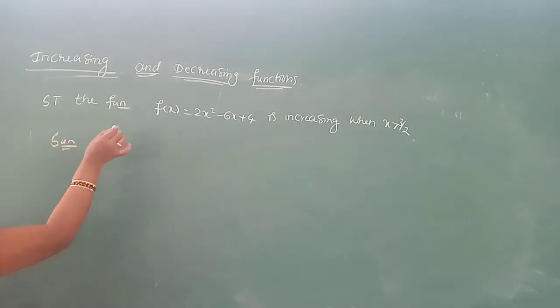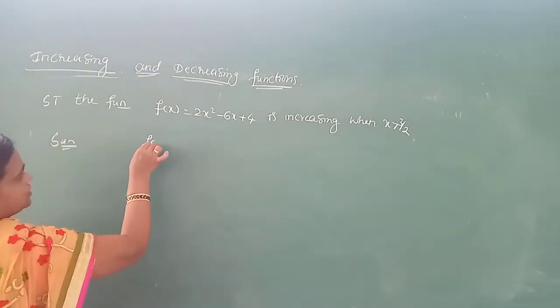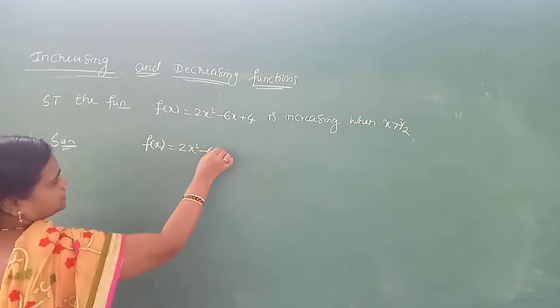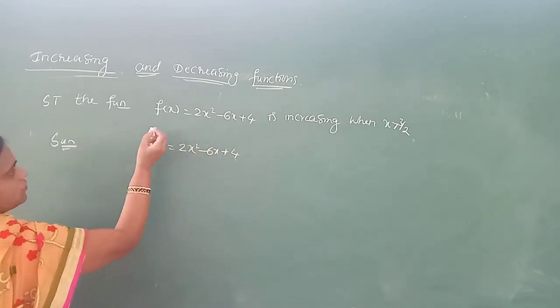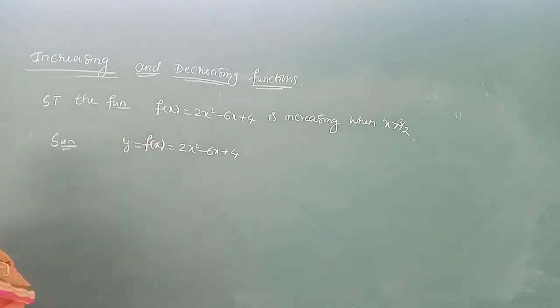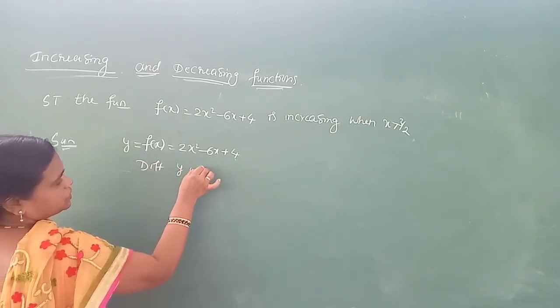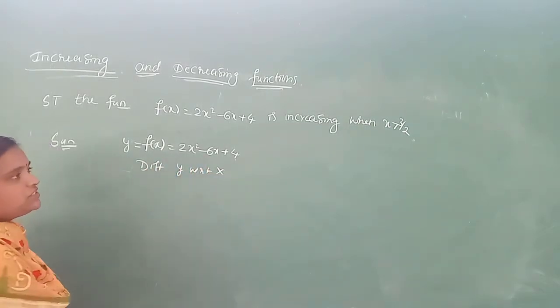See, f of x is 2x squared minus 6x plus 4. F of x is nothing but y, y equal to f of x. Differentiate y with respect to x. Why are we doing the differentiation?